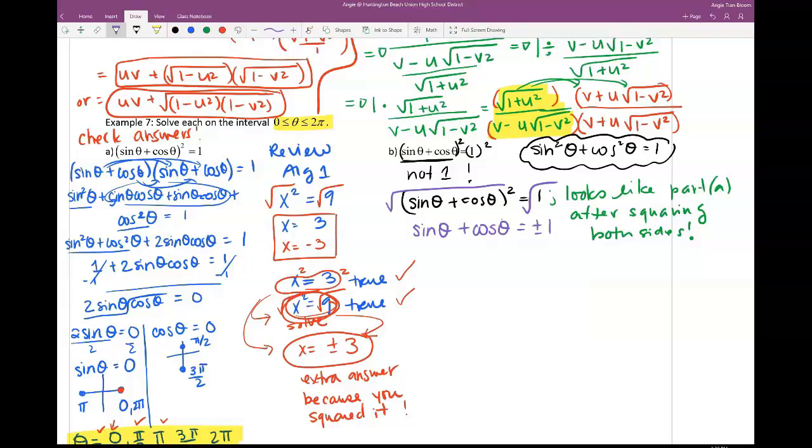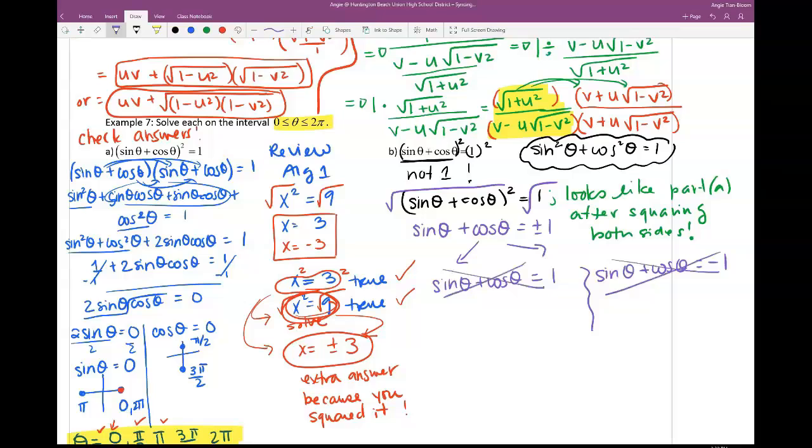Then I'm going to go like this. You know, teacher, I would write it out like this and set this equal to 1 and write it out like this and set this equal to negative 1. Is that okay to do? Please don't do that, okay? That only works if it equals 0 and you have factors. So please don't do that ever, okay?